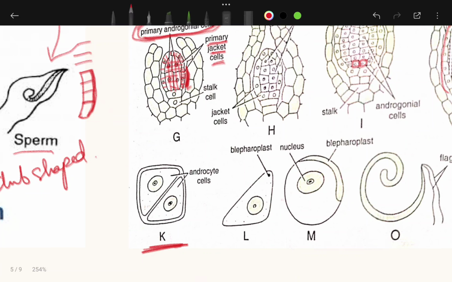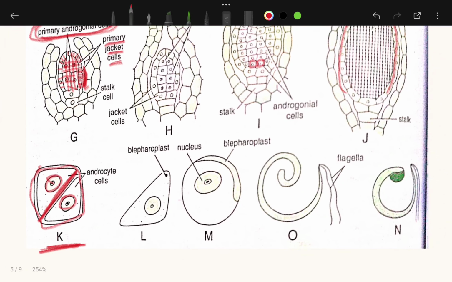This is an androcyte cell. These are cubical in structure, and this will undergo one final division. The division will be in a diagonal form, and then each of these cells will metamorphose and give rise to an antherozoid, or we can also call it a sperm cell.